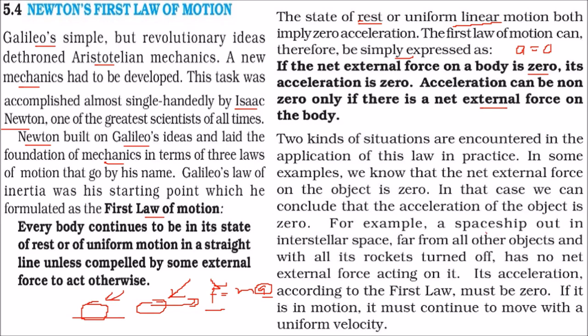A spaceship out in interstellar space, far from all other objects and with all its rockets turned off, has no net external force acting on it, that is, zero force. So the acceleration, according to the first law, has to be zero. If it is in motion, it has to move with uniform velocity.